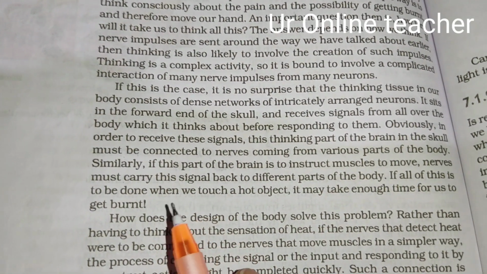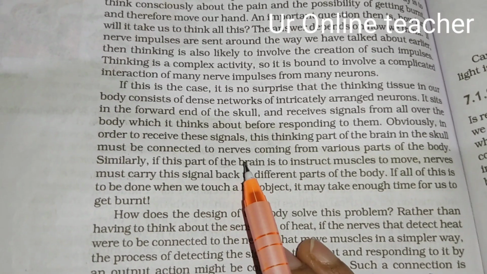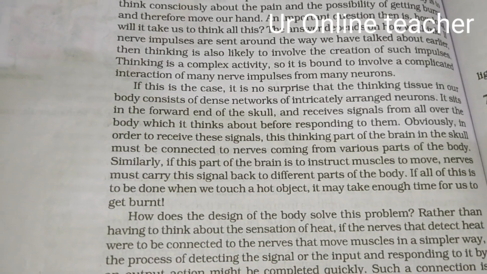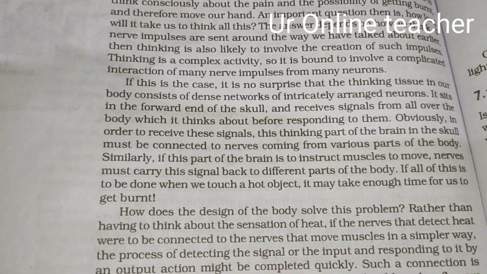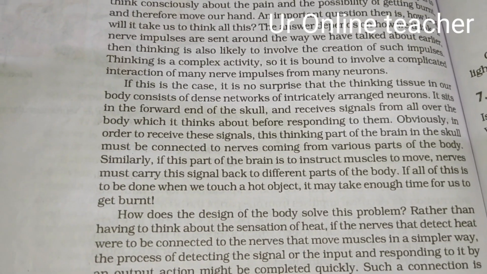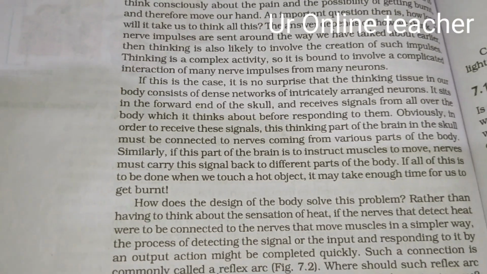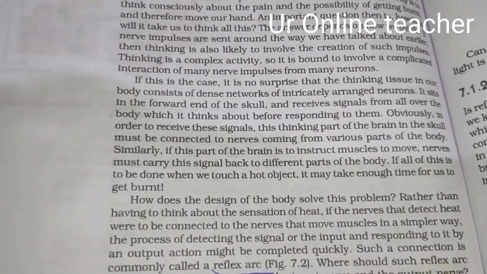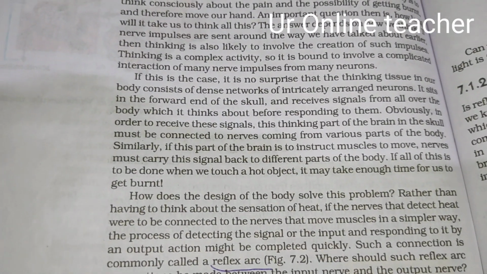All the nerves, the bundle of nerves, are connected to the brain. All the information is carried as a signal to the brain, and from the brain the impulses are carried to the muscles, the parts of the body which are needed, and it takes action, but it takes so much time.